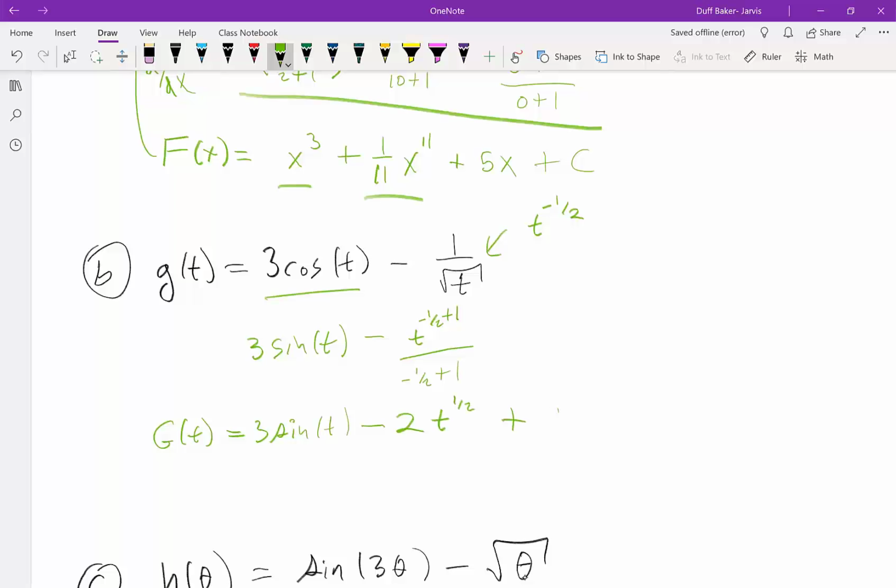And then we tack on our plus c. Right? And if you're ever unsure, you should just go back and check. Like if you take the derivative here, do you get back to what you started with? Then you will here, right? You'll get 3 cosine. The 2 will cancel, and then you'll get the negative half power for the second term. Derivative of c will go to 0.